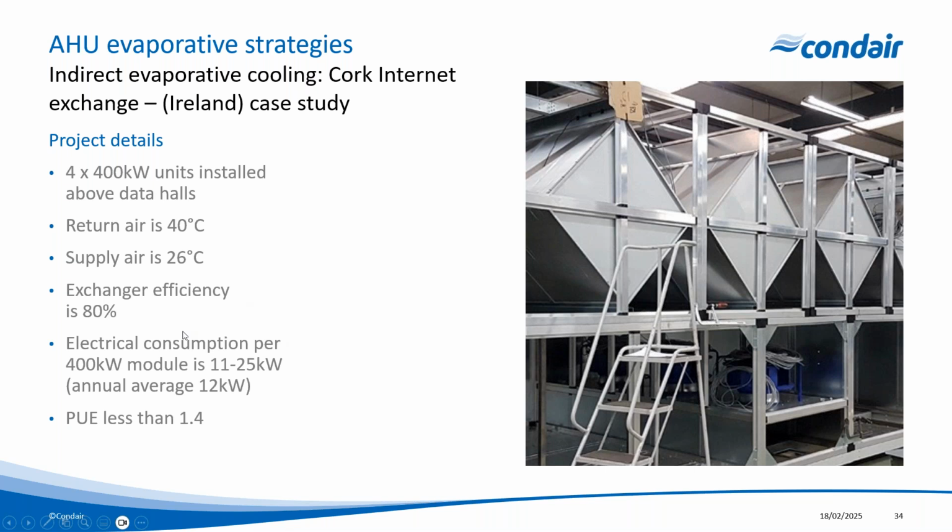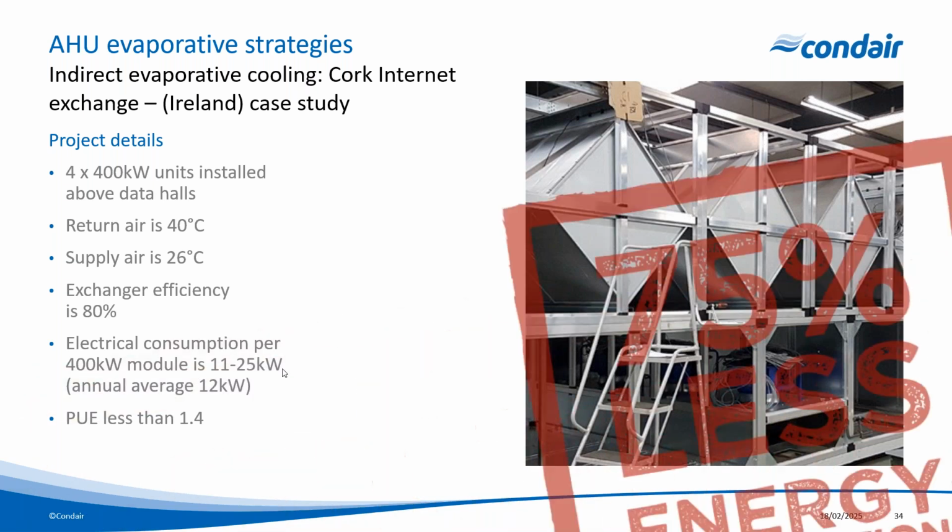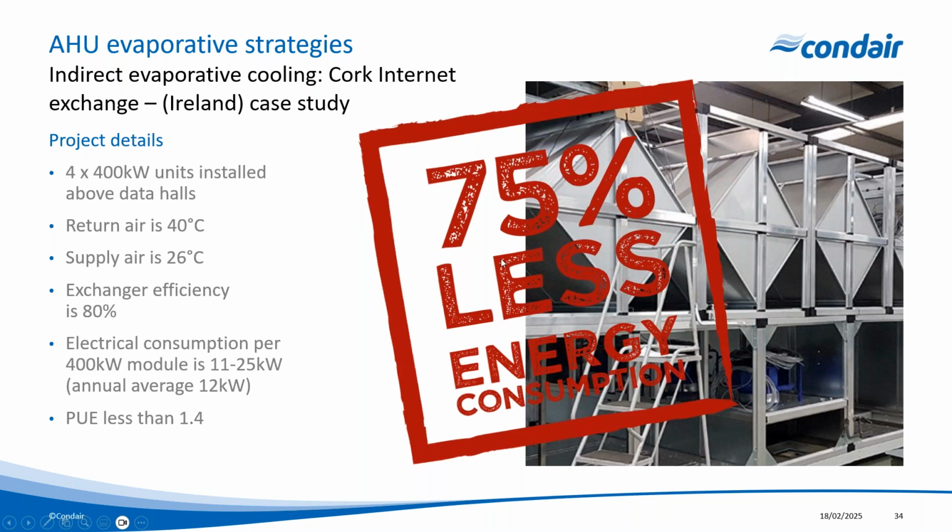The electrical consumption per 400 kilowatt module was between 11 and 25 kilowatts, with an actual average annual power consumption of about 12 kilowatts, which in the end gave us a power utilization efficiency, or PUE, of less than about 1.4. So this, compared to the legacy design, resulted in a reduction in energy of about 75%. So again, a significant amount of energy saved in this application by using an indirect evaporative cooling strategy.